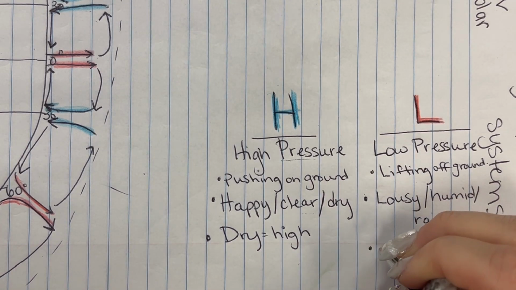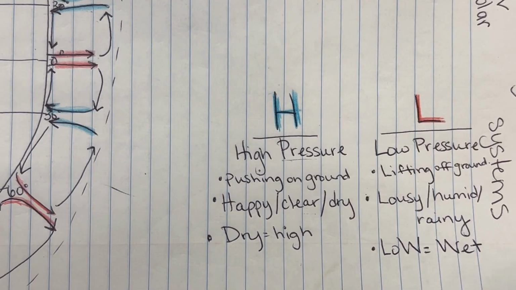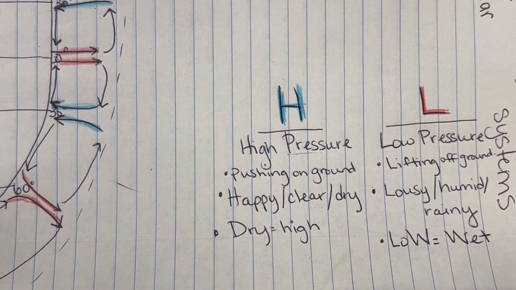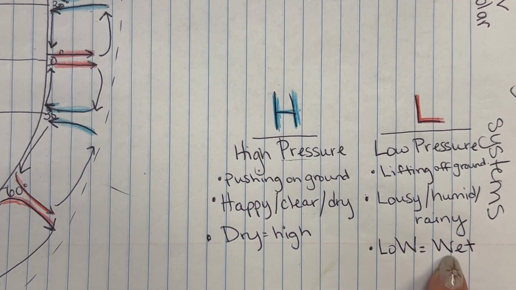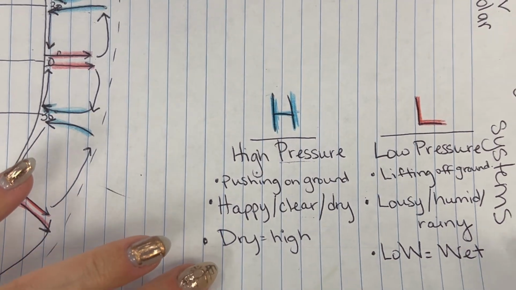And for low pressure, low is wet air. Just air with water, air that has a high humid content. Low pressure has more water available to it. That's what humidity is, the amount of water available in an area.